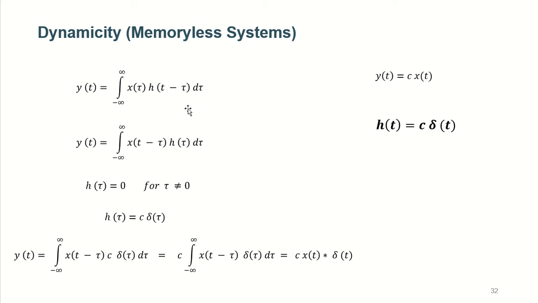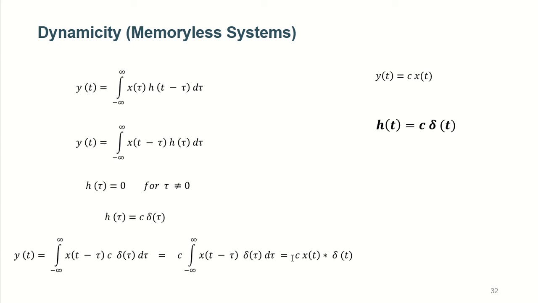Which means it is nothing but the convolution of my x of t with delta tau, with constant c as a multiplier.